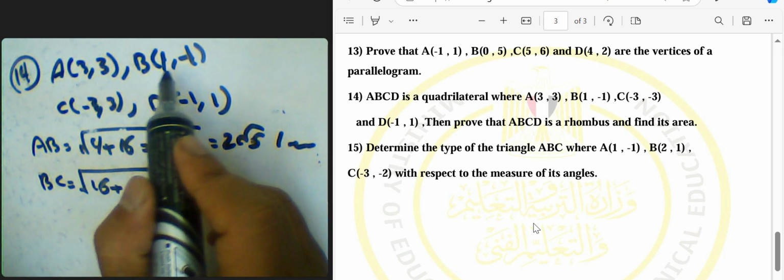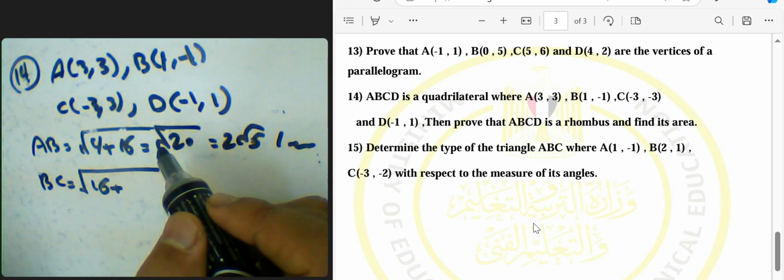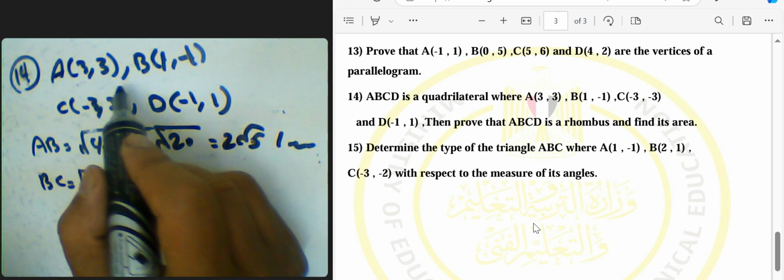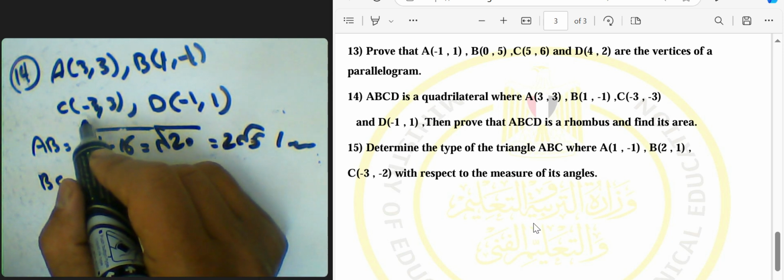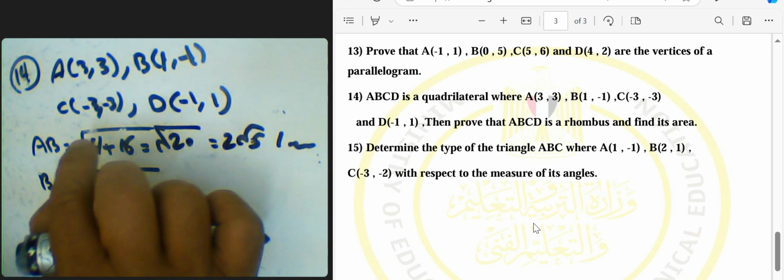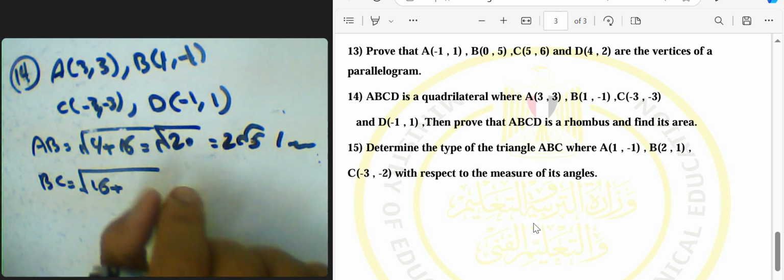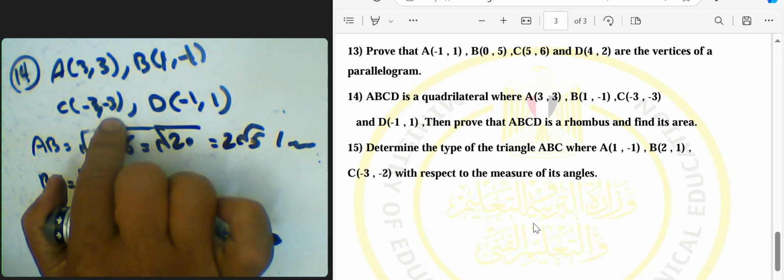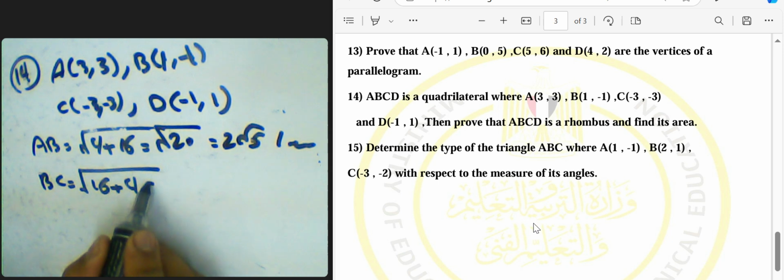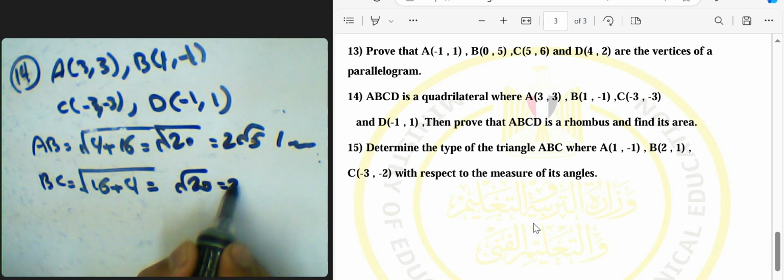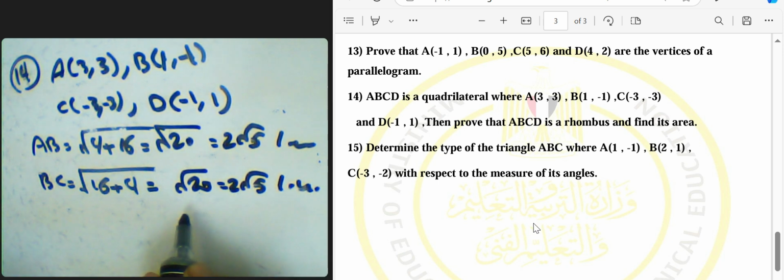And what about AB? (3 minus 1) is 2, 2 power 2 is 4. Sorry, it's negative 3 here: negative 1 plus 3 is 2, 2 power 2 is 4. The result will be square root of 20, which is 2 root 5 length units.